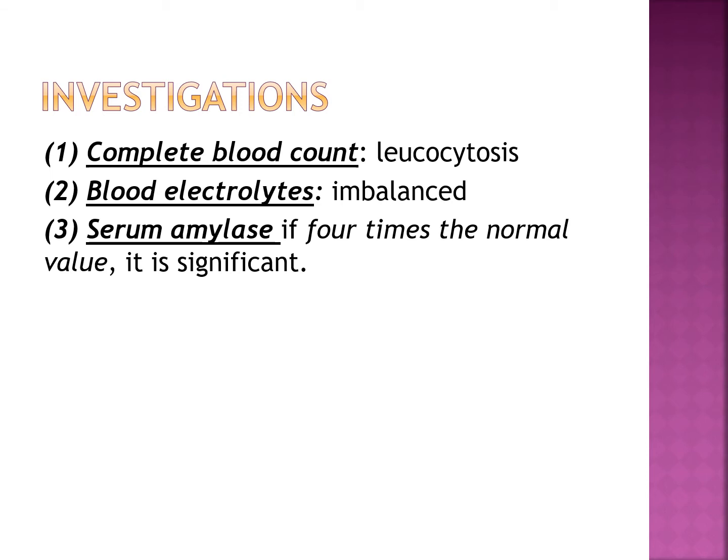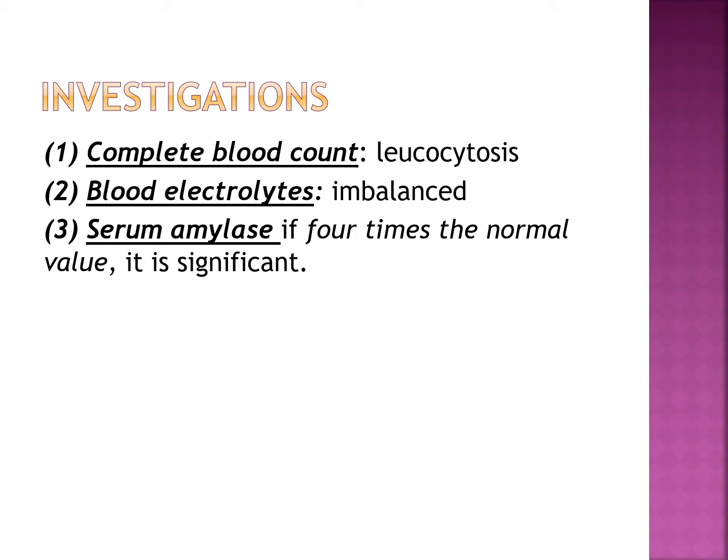Another laboratory investigation is the serum amylase. It is significant when it is more than 4 times the normal value, but it is not specific except in acute pancreatitis, which is one of the causes of acute peritonitis. If it is more than 1000, it can be diagnostic, but it is not elevated after 3 days of acute pancreatitis.